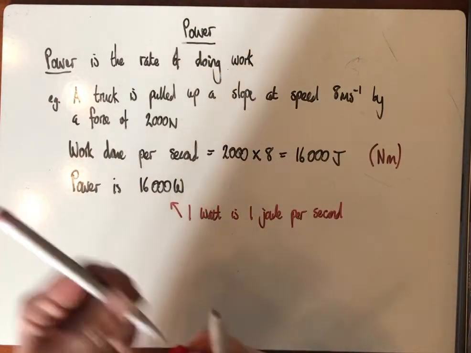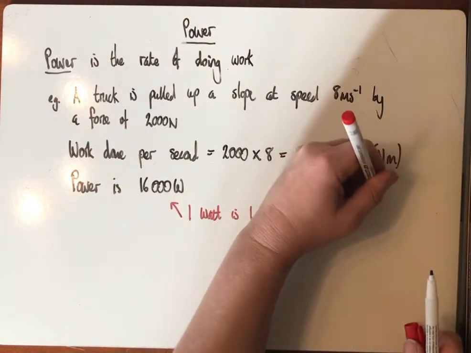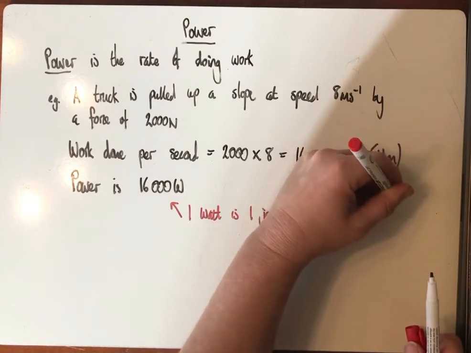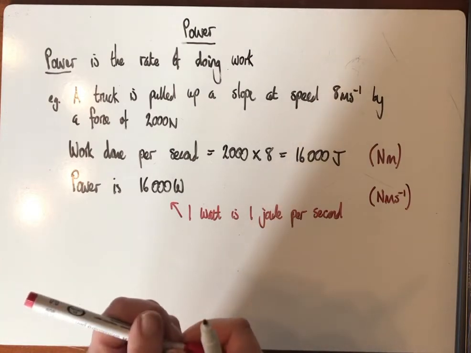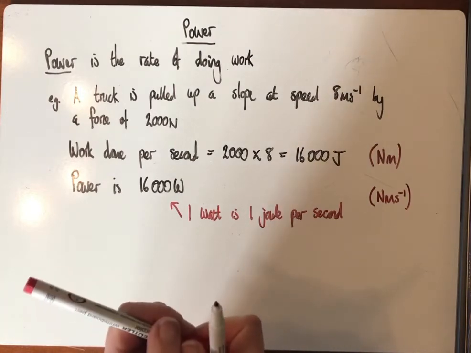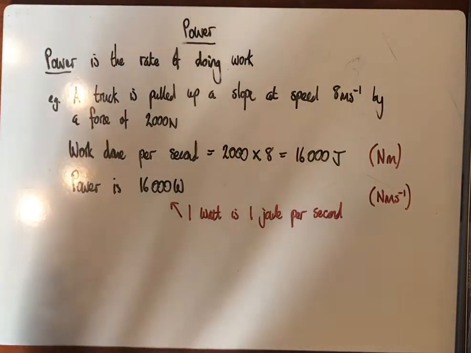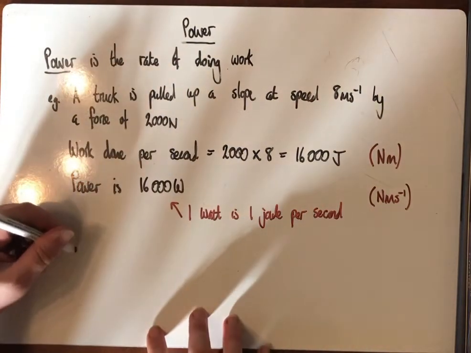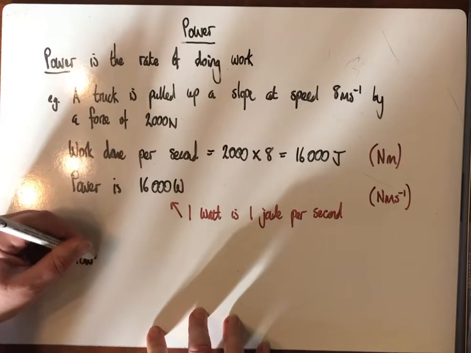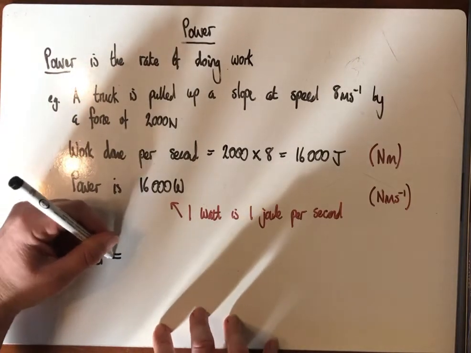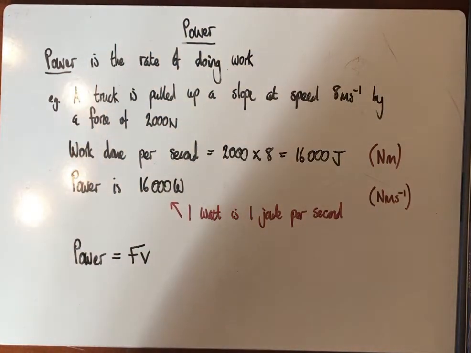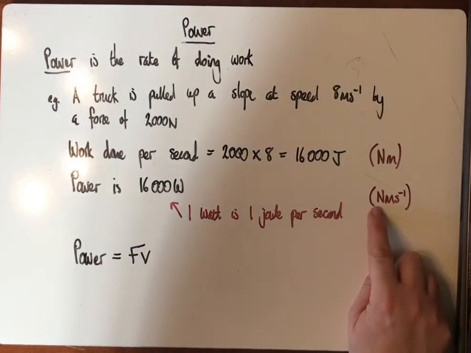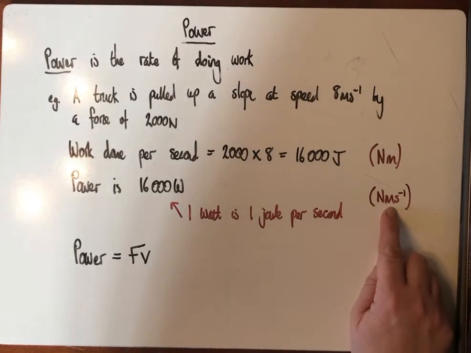And if you think about units now, we've got work done per second, which takes us to there. And so power, and this is another one where we seem to have the same letters for lots of different things. So power is equal to FV. So we've got this force, this driving force, and meters per second is velocity.